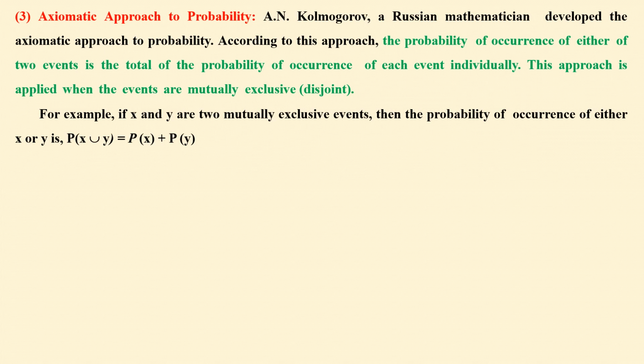For example, when one is aiming at getting either a 5-number card or a 4-number card from a well-shuffled pack of cards, then the probability is 4 by 52 plus 4 by 52. Since the chance is any one card, either of them, you have to add. So in this kind of situation only, this approach is adopted.